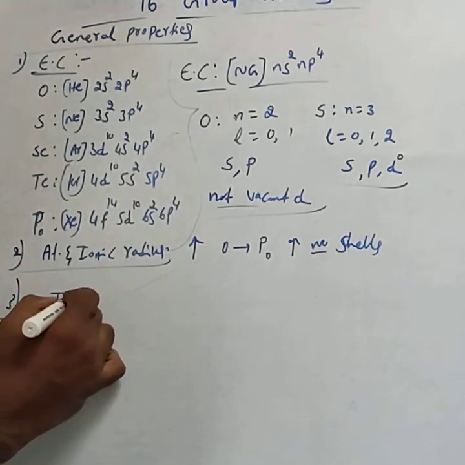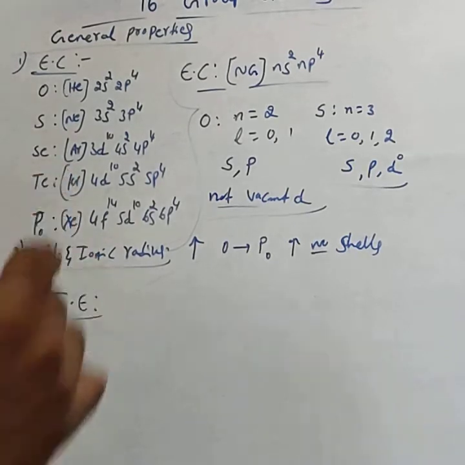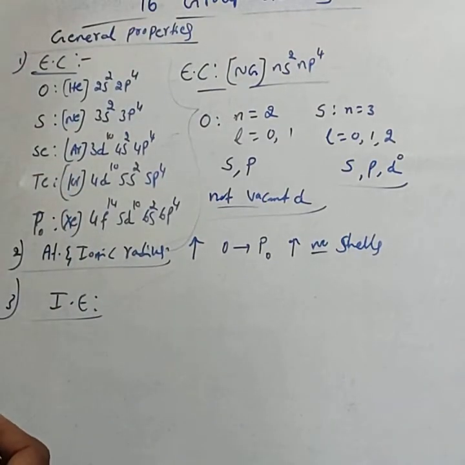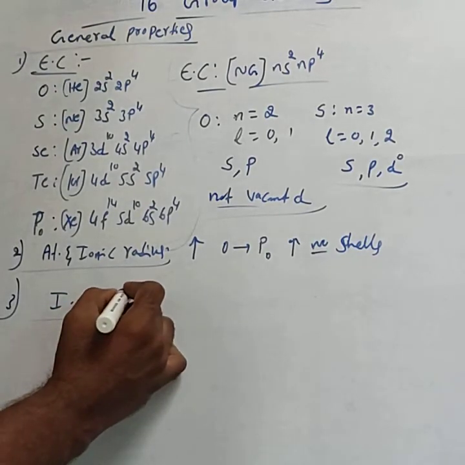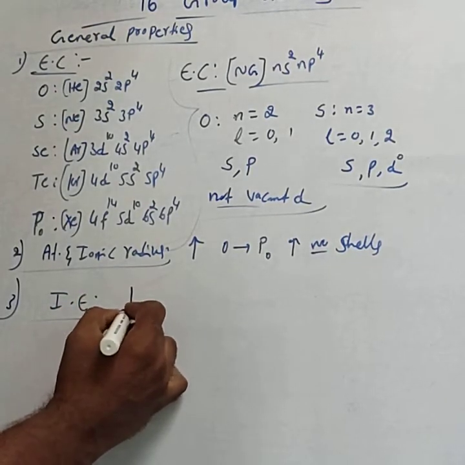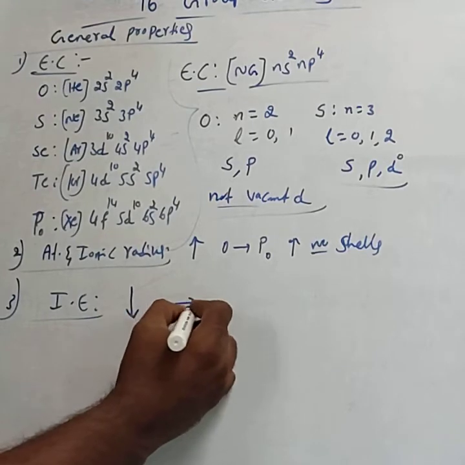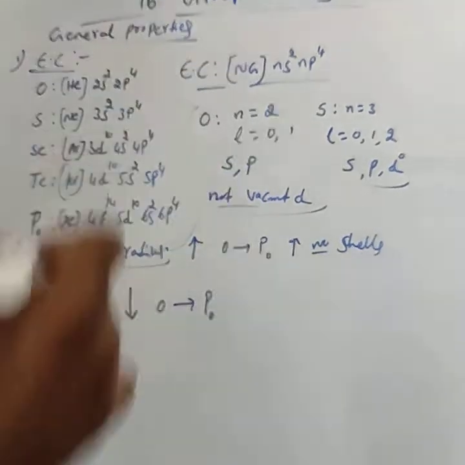Then the next one is ionization enthalpy. Ionization enthalpy decreases from oxygen to polonium.